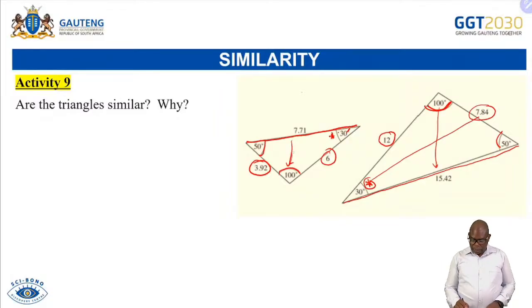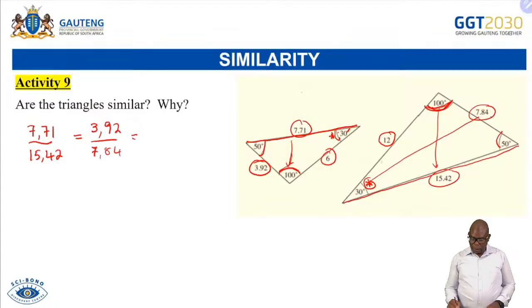So the biggest angle is opposite 7.71. So I can say 7.71 divided by, the biggest angle is 100 here, so it's opposite that, 15.42, must be equal to, the smallest angle is 30, its side is 3.92, opposite 7.84.